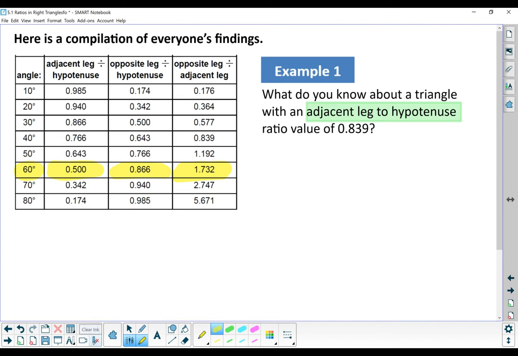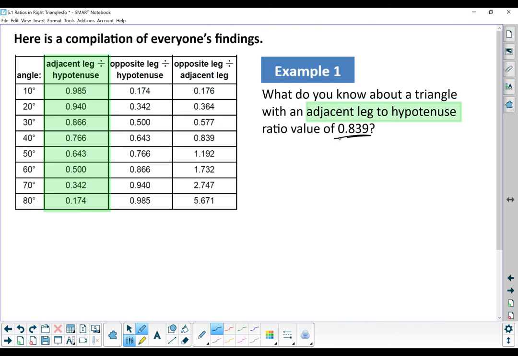So now that we have this chart constructed, we can use it to get some information about some triangles. So our first question says, what do you know about a triangle with an adjacent leg to hypotenuse ratio value of 0.839? So adjacent leg to hypotenuse, I have highlighted in the chart in green here.